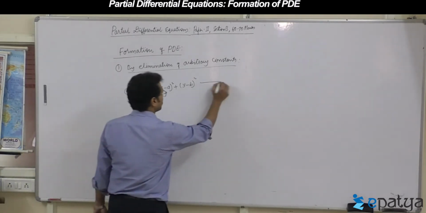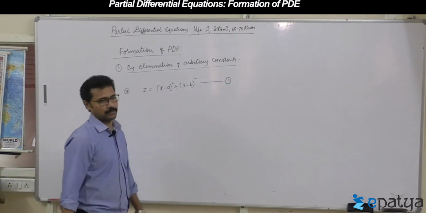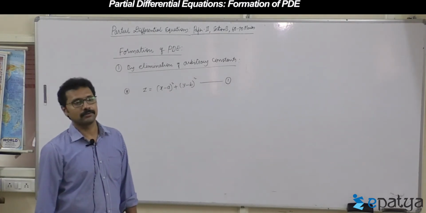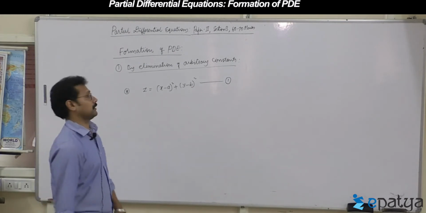So this would be equation number 1. How many arbitrary constants? Two. Independent variables? Two. So it leads to first order only.